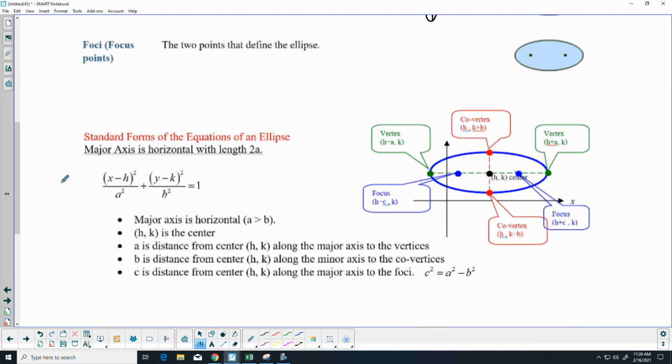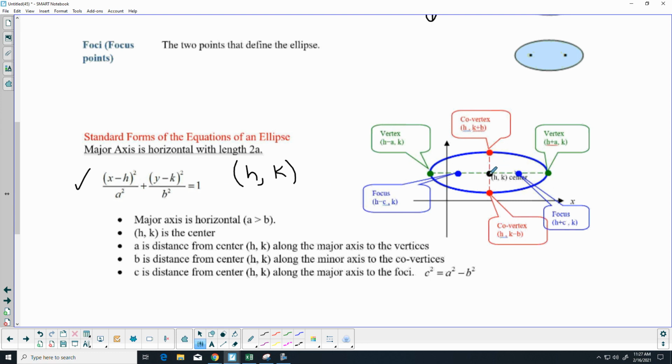In the Desmos activity, we talk about that formula. Your center is your H and your K. A squared and B squared is what it's being divided by. And the distance from the center to the vertice is A. And they put H plus A here. I always just go ahead and add A to it.